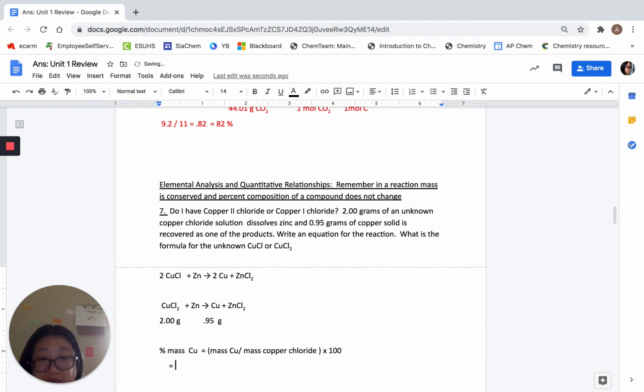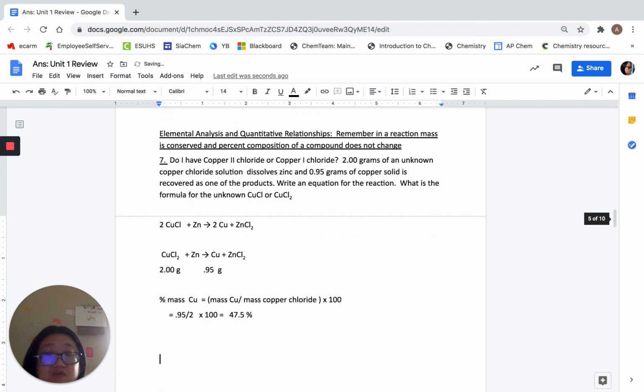That will be equal to 0.95 divided by 2, and of course times 100. So let me see what this gives me. 0.95 divided by 2 is 47.5%. Now what you can do is look at the percent mass of Cu.